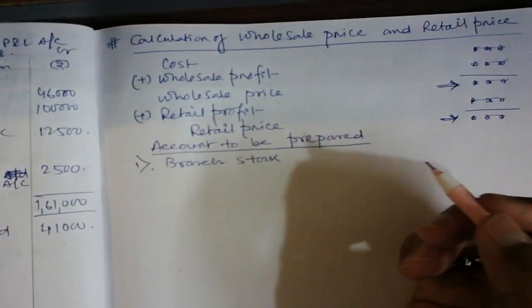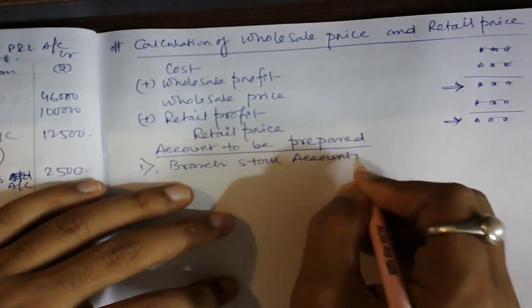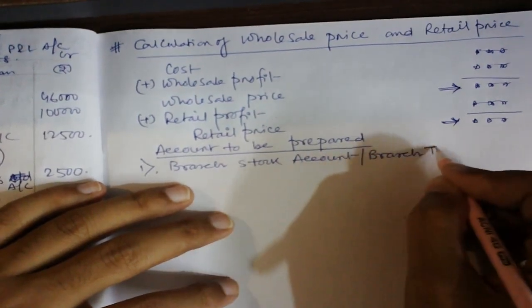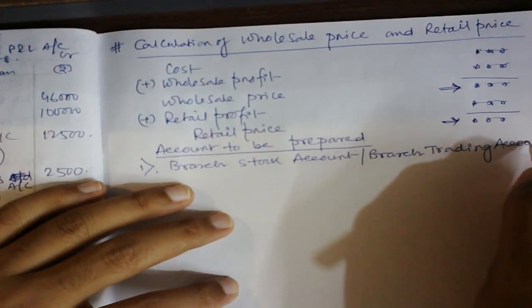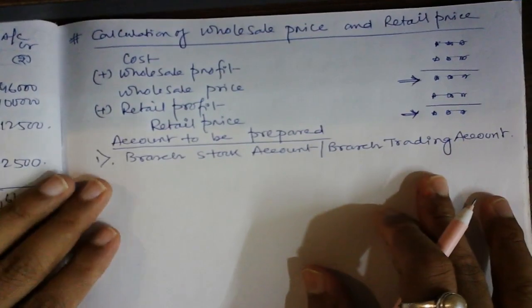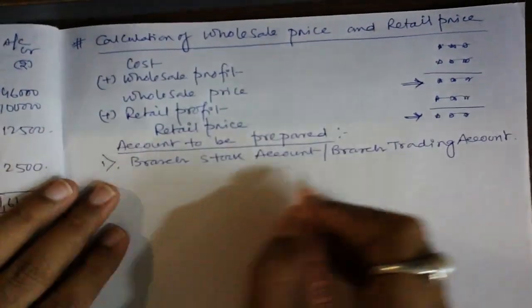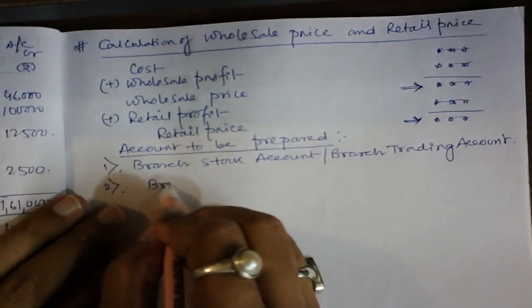Number 1, branch stock account or branch trading account. Number 2, branch stock reserve account.